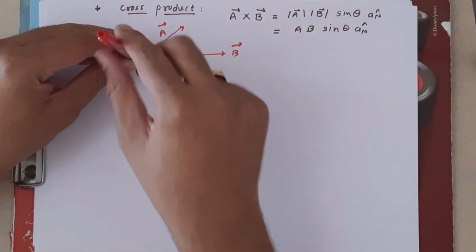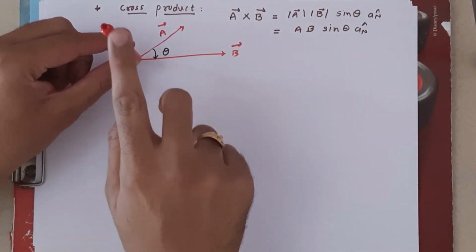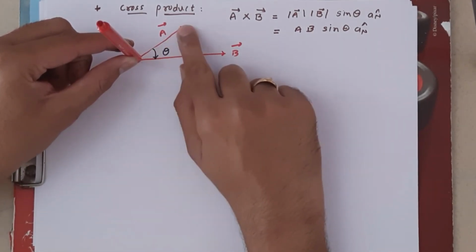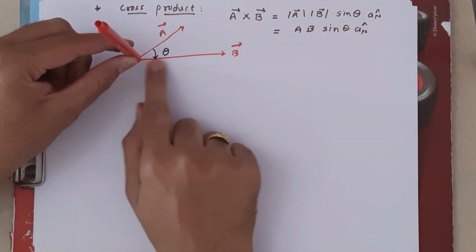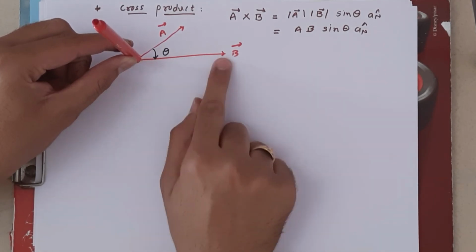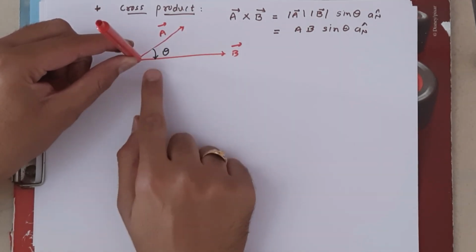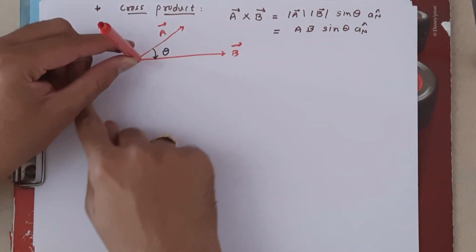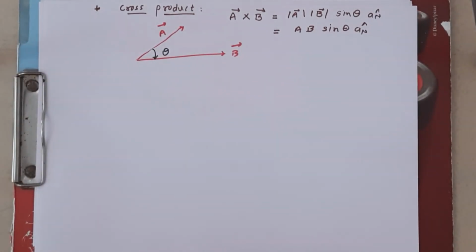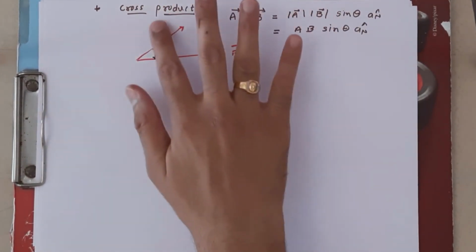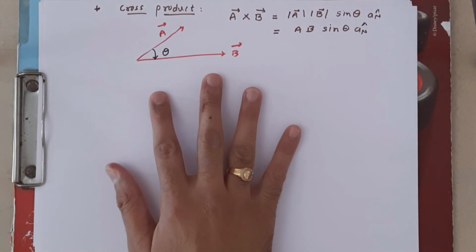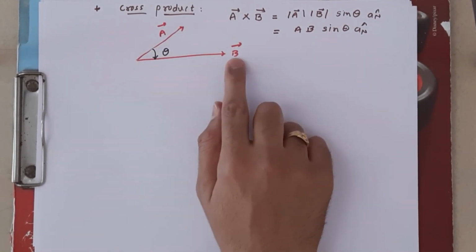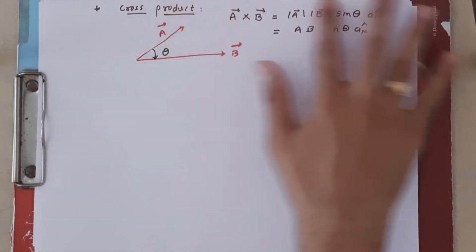This new vector is always perpendicular to vector A, and it is also perpendicular to vector B. The plane of vector A and vector B means this white page is known as the plane of vector A and vector B, because vector A and vector B exist in this plane.